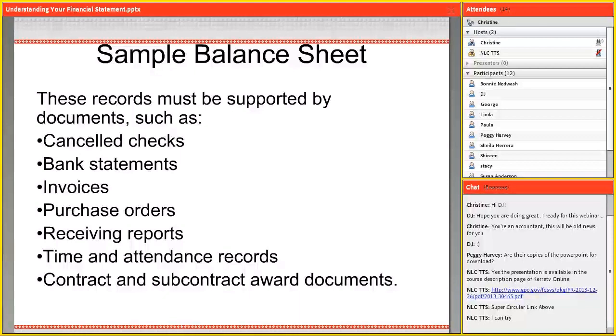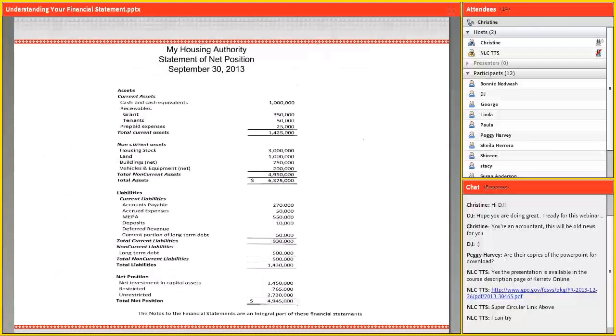Okay. We've got a sample balance sheet. There we go. And if we can figure out a way, I can just talk about this. I hope everybody can see this okay. And it's in your notes. Okay, we're calling this the statement of net position. It's also a balance sheet, just depends on various and sundry ways your report is being done, okay?